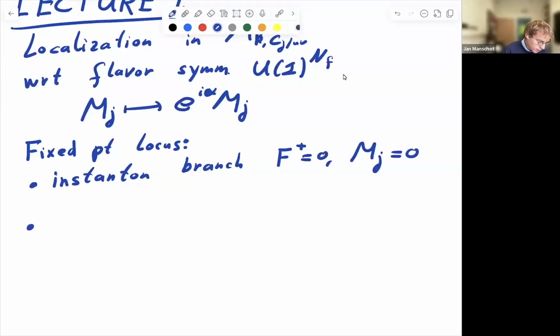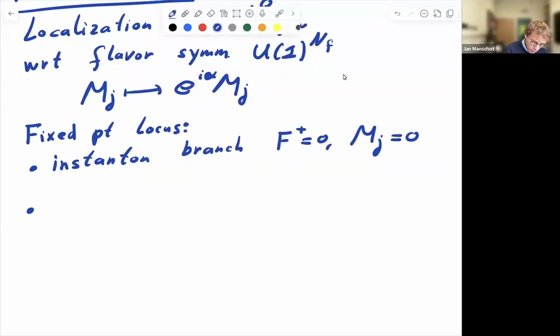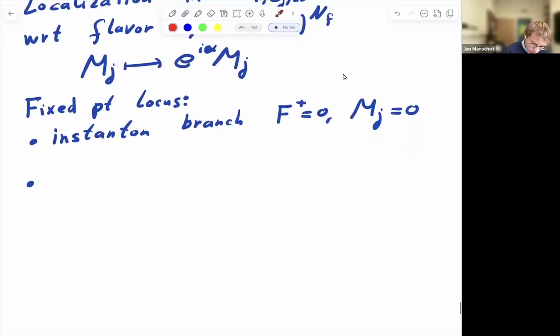And then there is a more complicated monopole branch, where this phase is cancelled by acting with a gauge symmetry. Then we have a reducible connection.